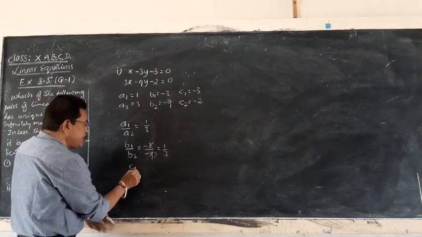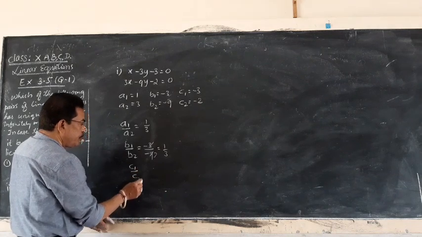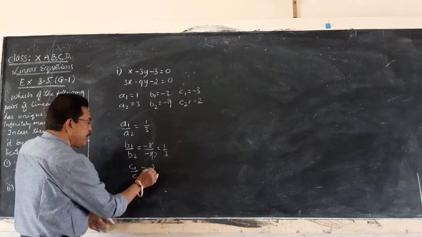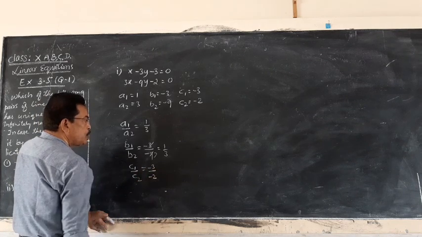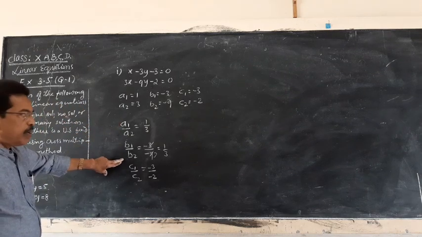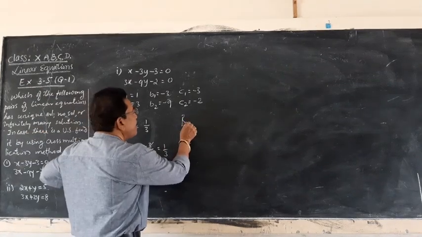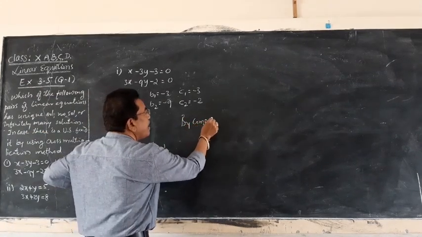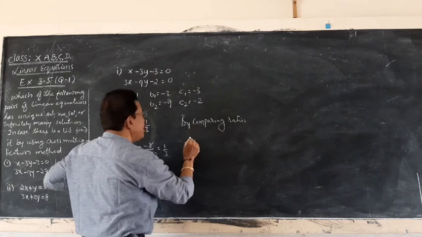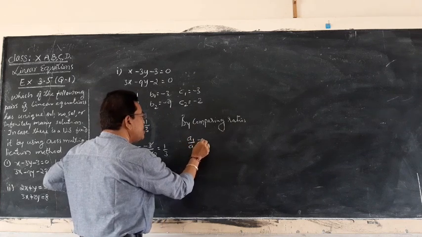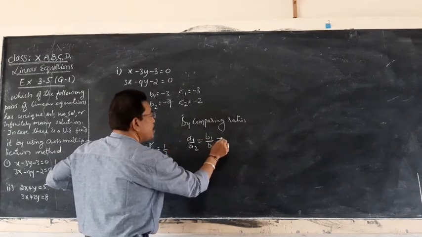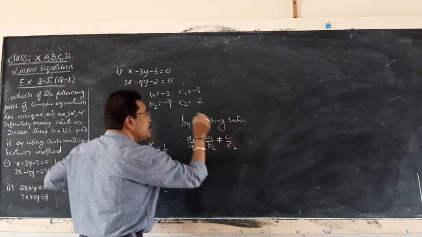Then c1 by c2, that means minus 3 by minus 2. By comparing the ratios, a1 by a2 equals b1 by b2 is not equal to c1 by c2.